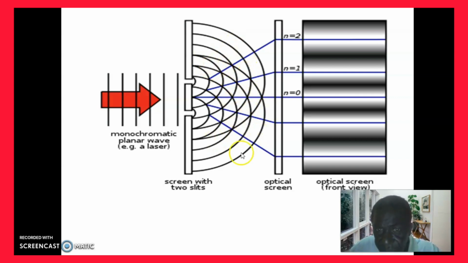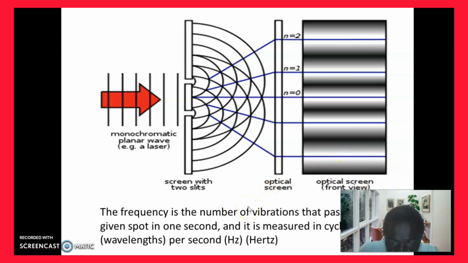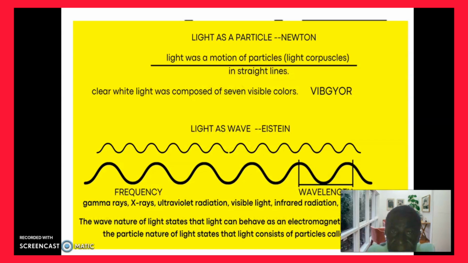This is the wave that we are talking about, and the duality is also talking of this stream that goes, and the optical screen sees it, and that's the front view. The number of vibrations that pass over a given spot in 1 second, that's frequency, and it is measured in cycles per second. That is when you want to define frequency.